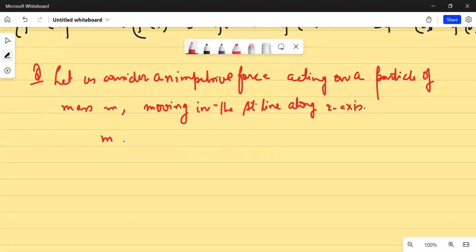Okay, so m d2x upon dt square is subjected to the force f(t), where f(t) is an impulsive force.